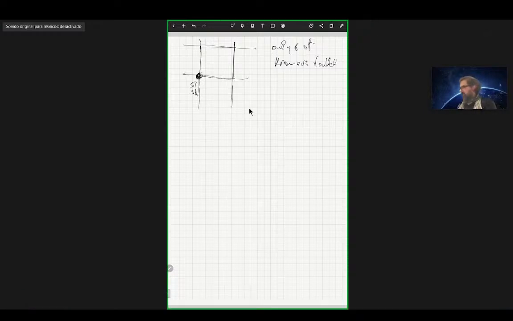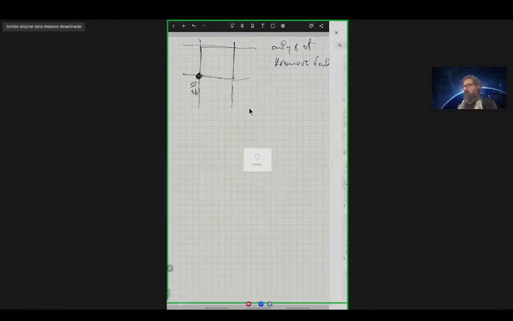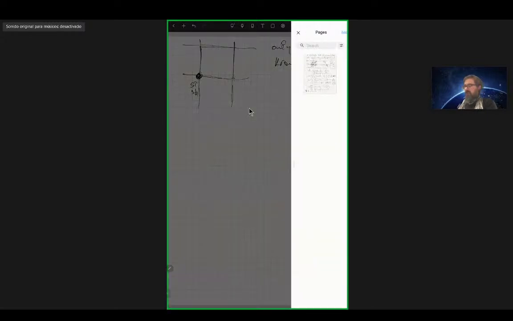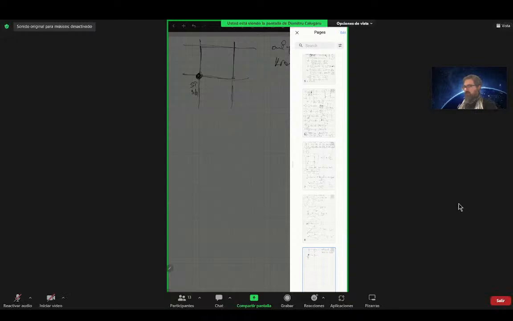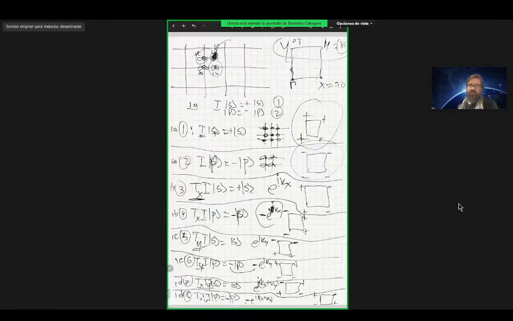So for example, I can just take this one here, and instead of having this, I'll have a Kramers doublet, S up and S down. Since time reversal commutes with inversion, I can just diagonalize inversion, and an S orbital can never be the Kramers doublet of a p orbital because they have different inversion eigenvalues. So there's going to be S up and S down under inversion. You'll just double the entire thing.